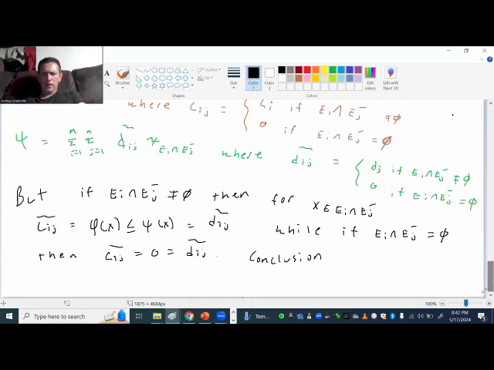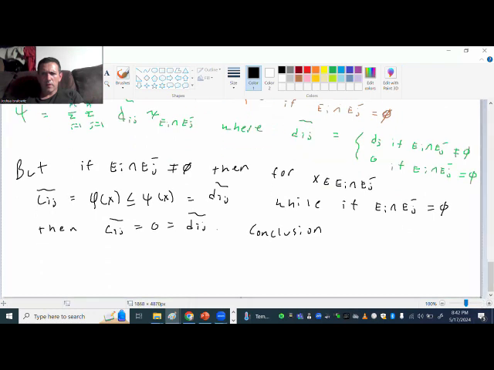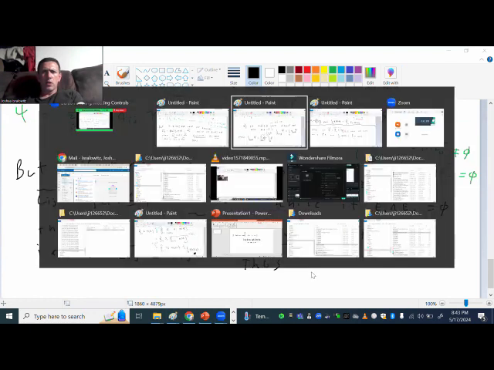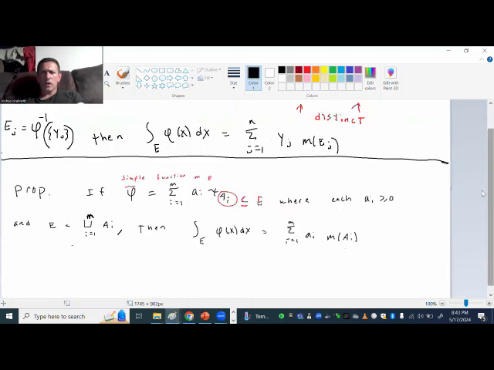So the conclusion is the following: for each i, j, c_ij tilde is less than or equal to d_ij tilde. So let's use the proposition one more time.